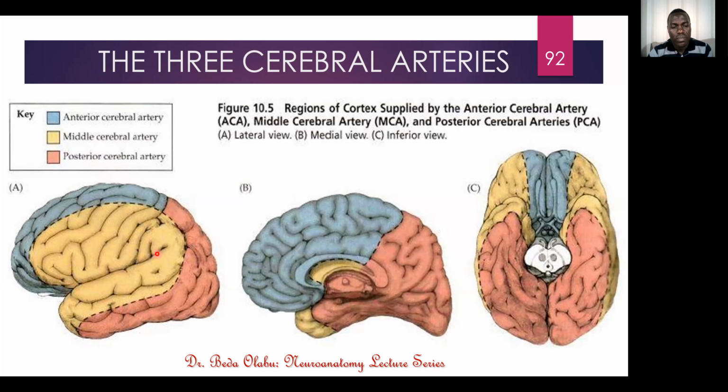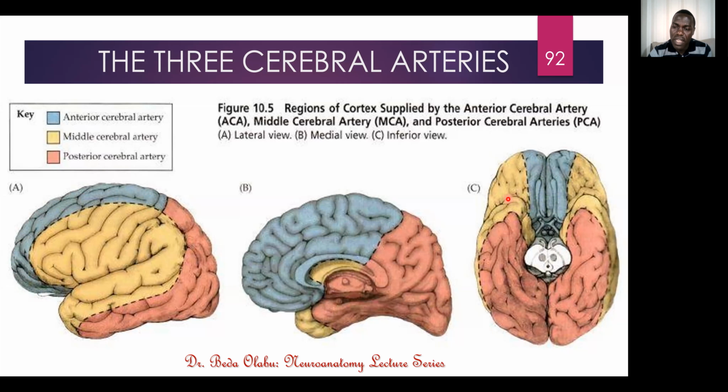So if you are to look at the map representing the territory, this color code is the territory for the middle cerebral artery, lateral surface of the brain. This color code, which is the same as this and that, the territory of the anterior cerebral artery. Predominantly the medial aspect of the brain, but of course you can see a small margin, upper margin of the lateral surface of the brain, as well as you see the anterior cerebrals were running here, so it will give branches in this region as well.